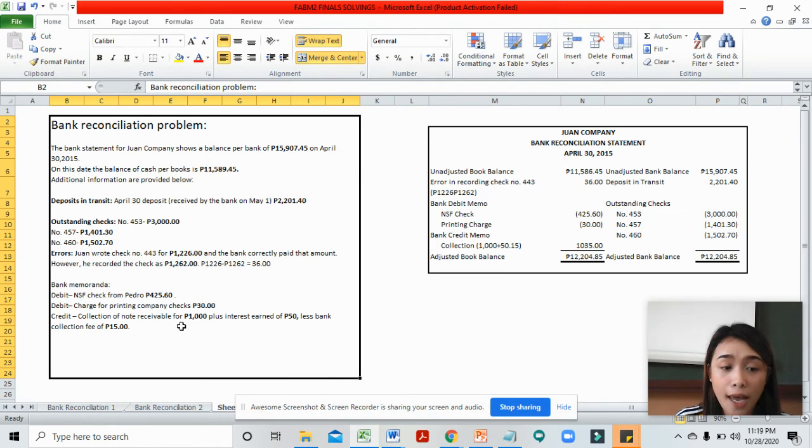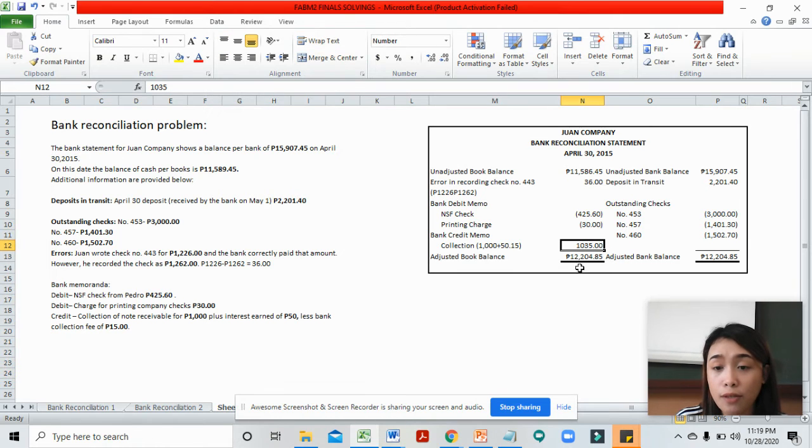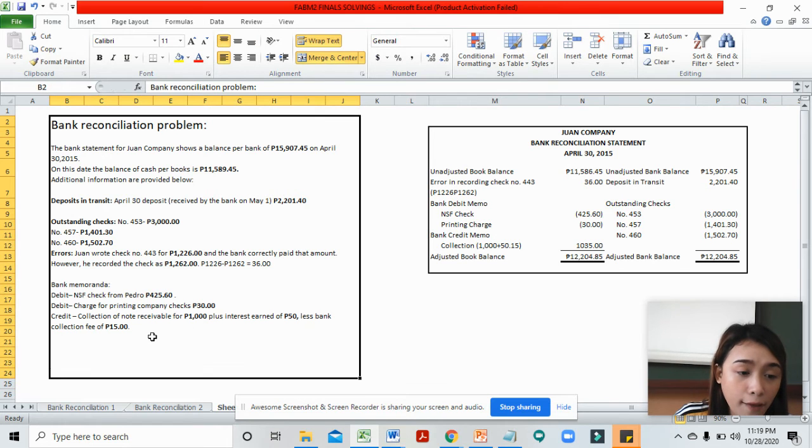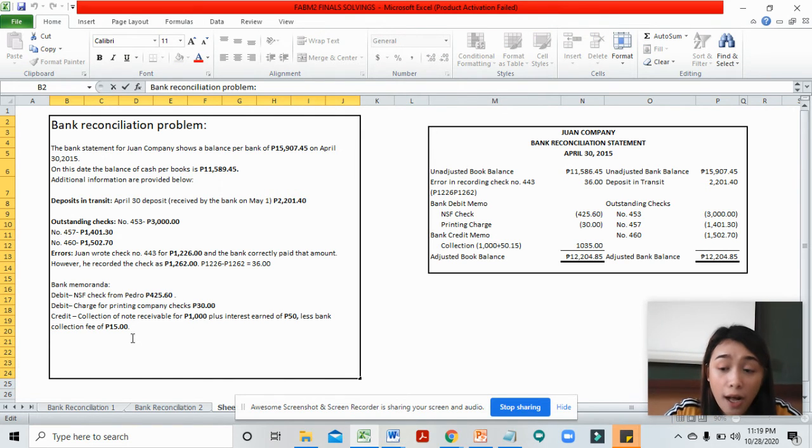How did we get 1,035 pesos? All you have to do is add and subtract. So we have the value 1,000 plus the interest earned of 50 pesos.